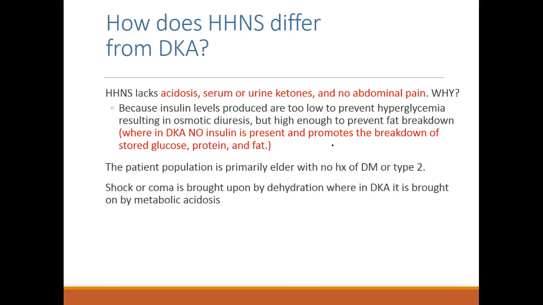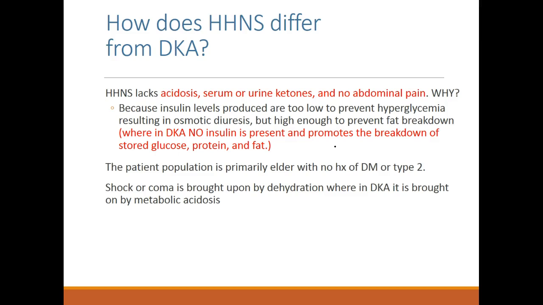And really, students sometimes struggle to understand the difference between the two. The big thing, HHNS, or as Miss Elson said, it's also being called HONK in some hospitals, is that it lacks acidosis, serum or urine ketones, and there's no abdominal pain. And the big reason for this is because insulin levels produced are too low to prevent hyperglycemia, resulting in osmotic diuresis, but there's enough insulin being produced to prevent fat breakdown.